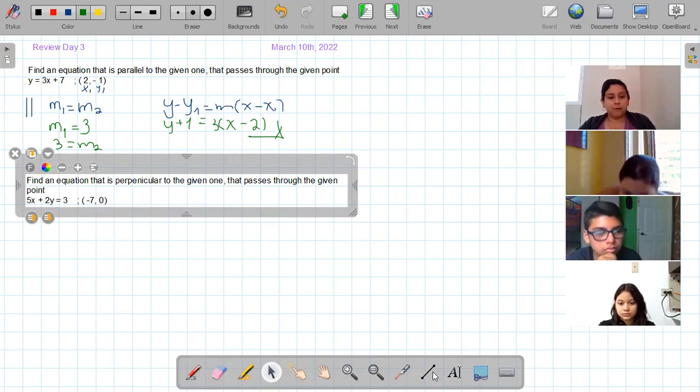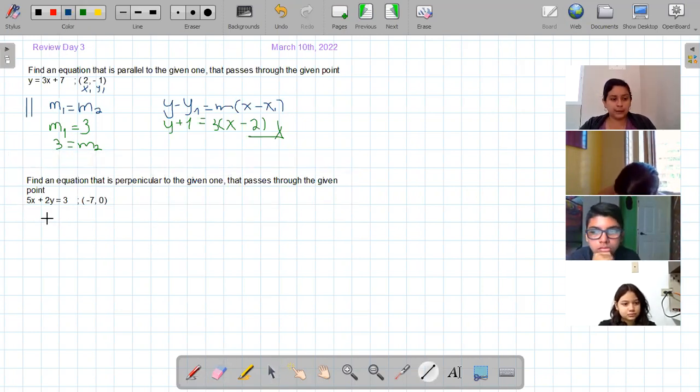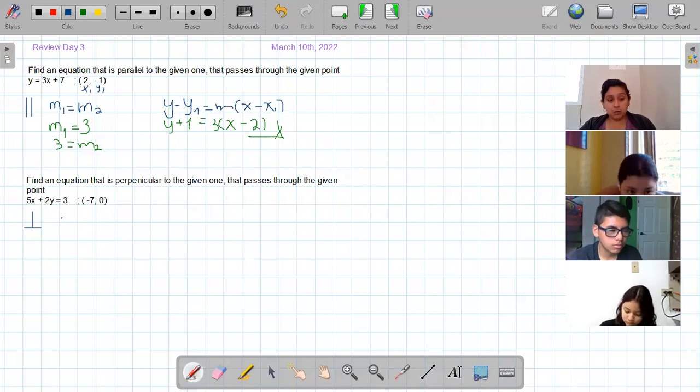So now for the perpendicular lines, what do we know about the slopes of perpendicular lines? We know that if we multiply m1 times m2, we should get a -1. Okay, that's what we know.